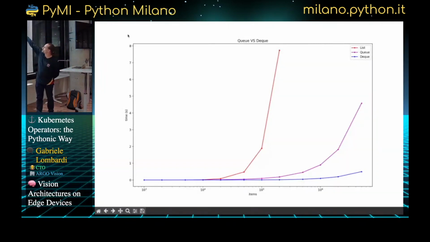The queue is bad with respect to the deque, but it's working. The list spikes. This is a log diagram. If you look at it without a log, you see that these two are linear, and this is not, okay? But every point will be pushed over there behind the origin, so the graph was bad.